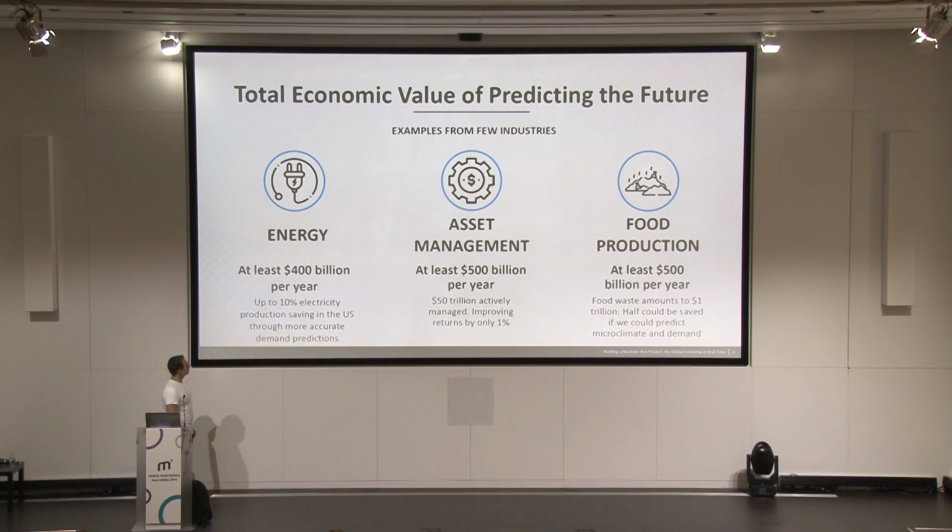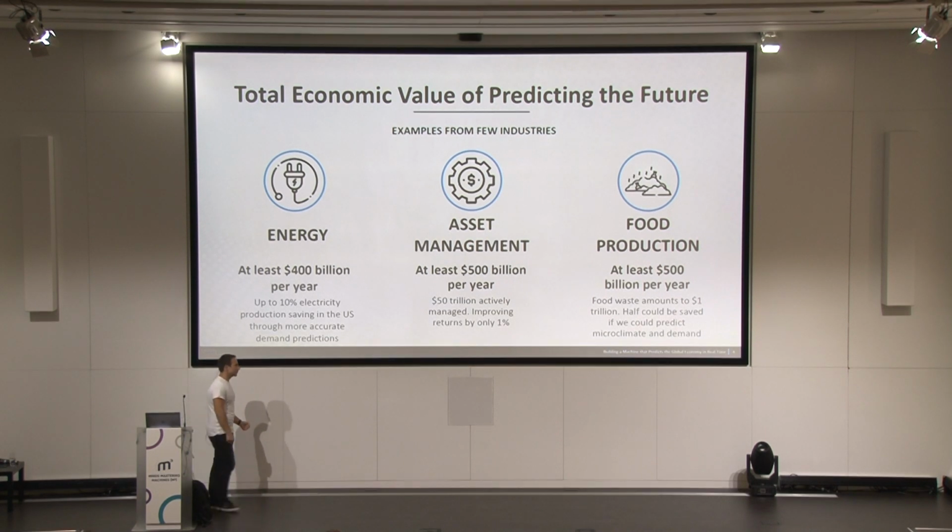And right there, we could try to save a little bit of the planet at least. In addition to the 400 billion per year, if we could predict in real time how many people are going to switch on the hob or the heating, we may decide to burn the optimal amount of fossil fuel.